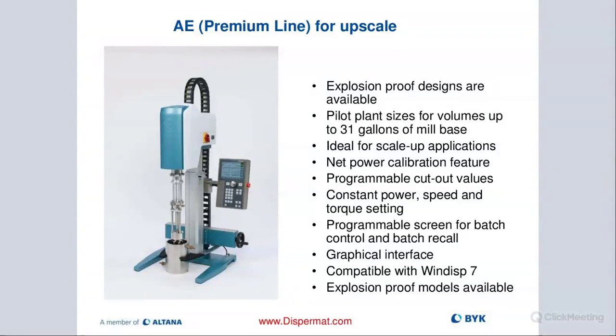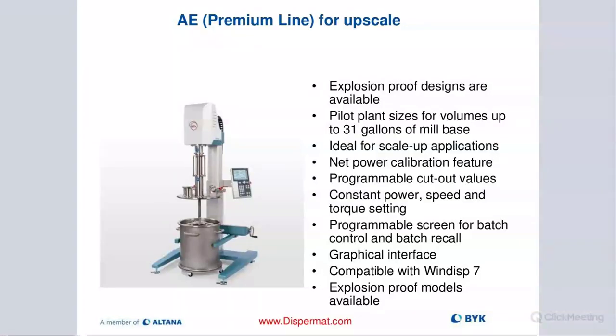Did my temperature all of a sudden go up? Did my torque go up? Did my energy input change? What happened to the viscosity? So this is a really easy, quick way of seeing what happened or what is happening during the dispersion process. And then, of course, being able to export the data into an Excel format and create a lab report is really, really cool, especially if I want to scale that up to pilot or manufacturing.